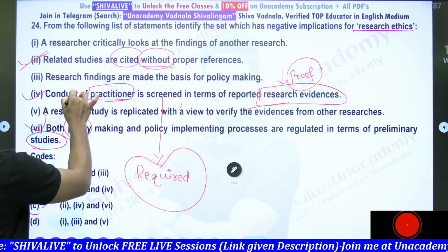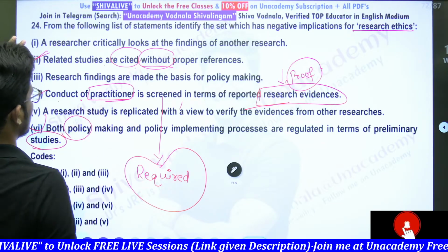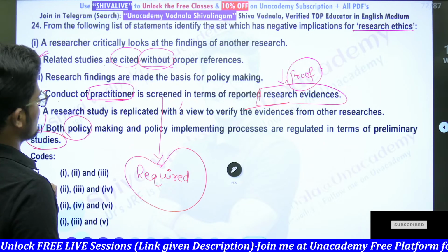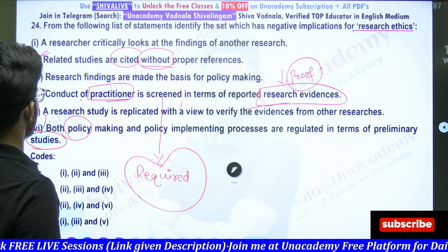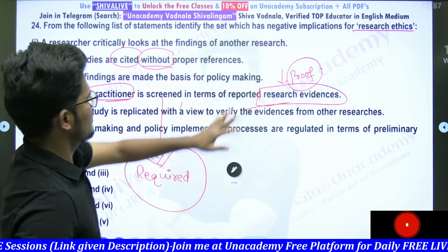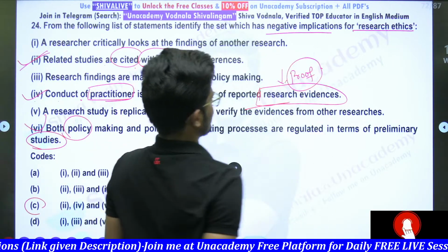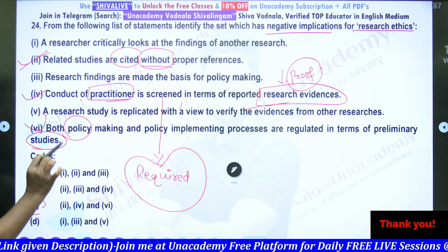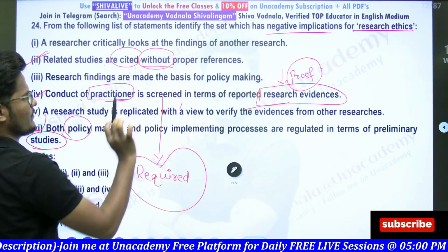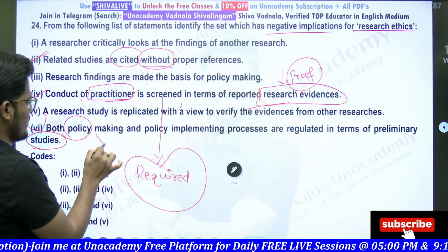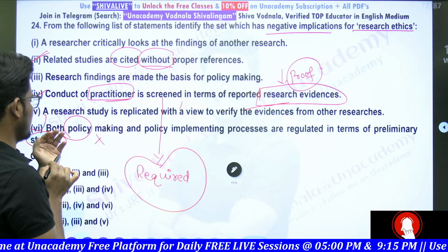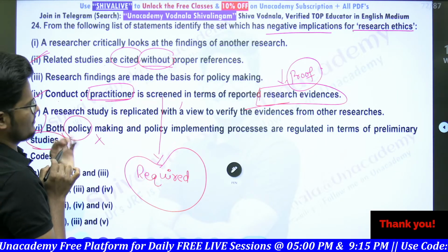Remaining two, except this one, 2, and without proper reference is 1. They are asking the negative implication of research ethics. Now whether the researcher followed ethics or not, how to identify? When he has not given proper references, we are able to identify. When he is not following the regulations, then we can say that is a negative implication.